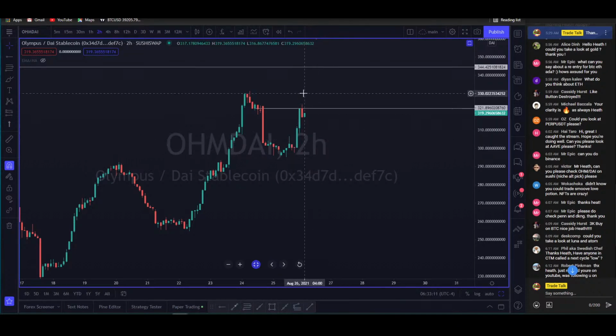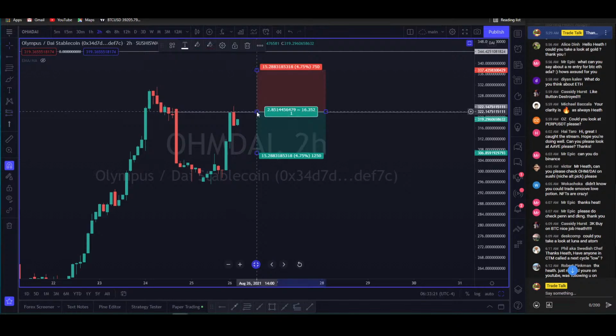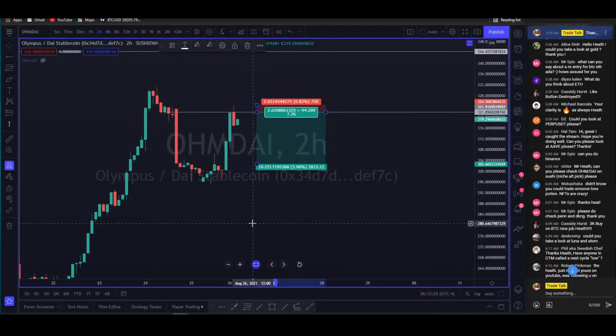And depending on how this candle reacts to that level, will probably give you a stop loss. So it would look something like this. Boom, 7-1. As long as it does not close above this level.